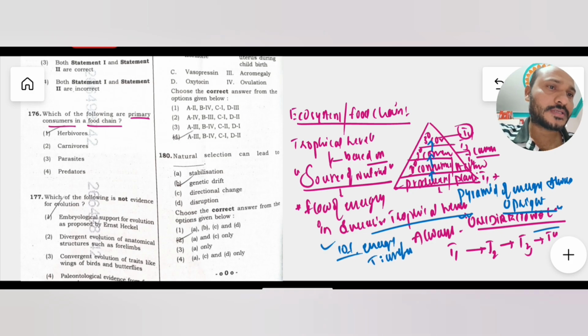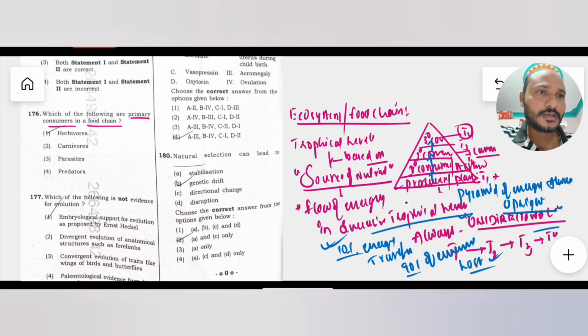So only 10% of energy transfers from each successive trophic level, and the other 90% of energy will get lost.